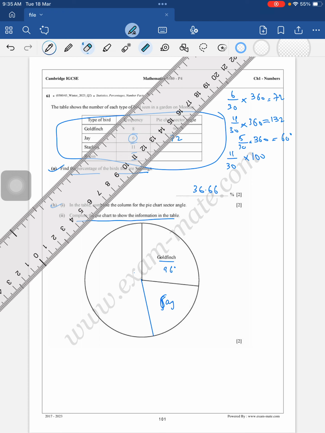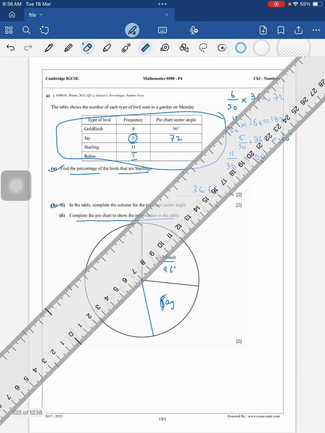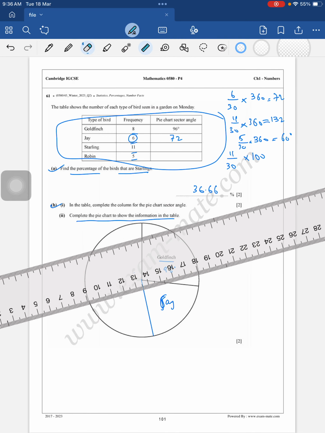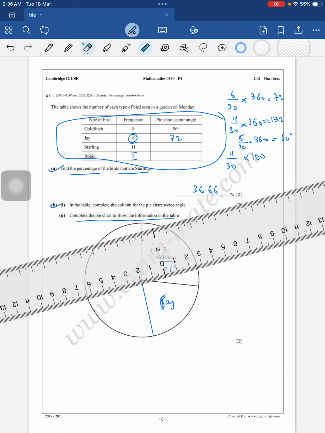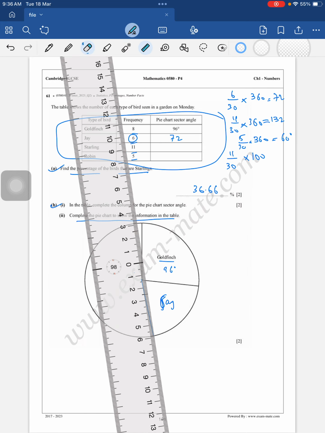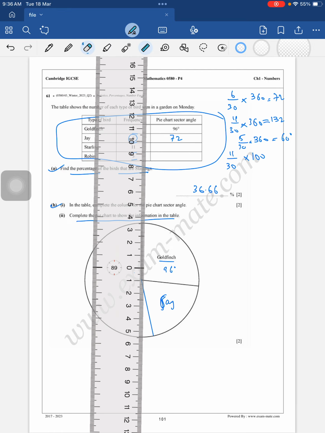We did first for 72, right? So 174 minus 72, then we do for 132, so it's minus 30. So we started with 102, and 102 minus 132 is minus 30.